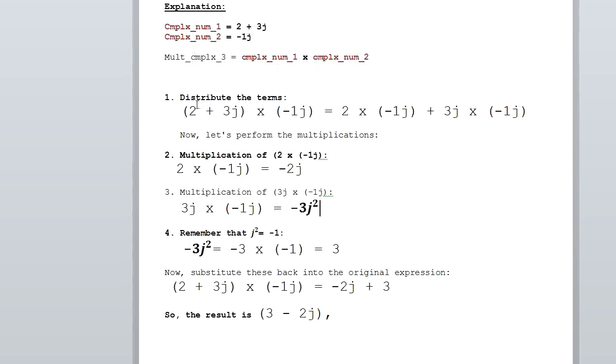See here, the term is distributed more practically. 2 plus 3j times minus 1j is equal to 2 times minus 1j plus 3j times minus 1j.